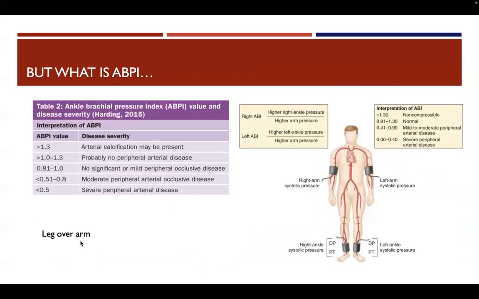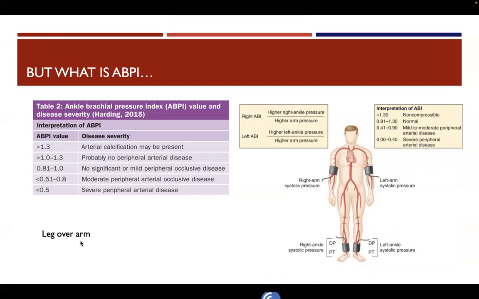Okay, ABPI, as I've suggested, greater than 1, that's normally diabetics or people with calcified vessels. Less than 1, you're concerned about potentially there being a lack of pressure. So whether that be peripheral artery disease, that's between a level of, you can see here on this diagram, 0.8 and 1, which means often these people will complain about walking a certain distance and then getting calf cramp and claudication pain.